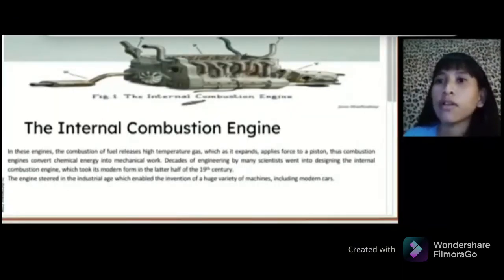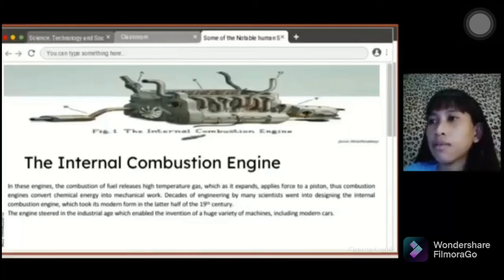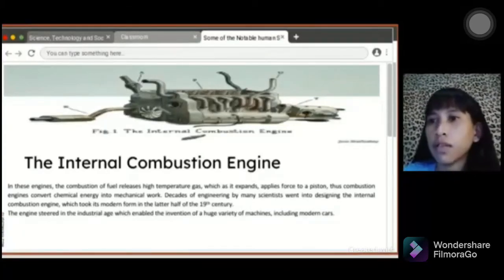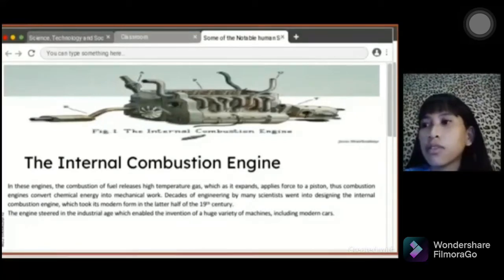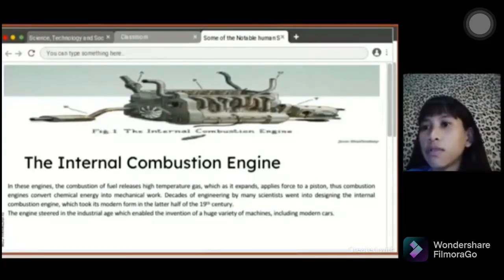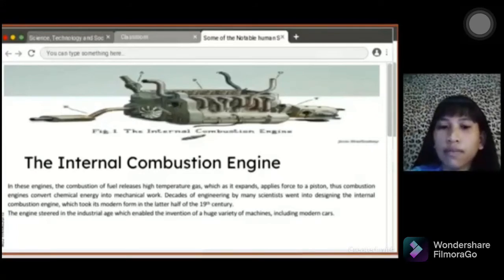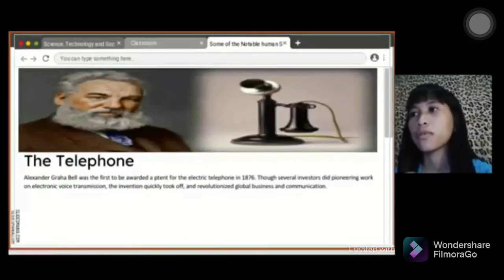Decades of engineering by many scientists went into designing the internal combustion engine, which took its modern form in the later half of the 19th century. The engine started the industrial age, which involved the invention of a huge variety of machines, including modern cars. The telephone.